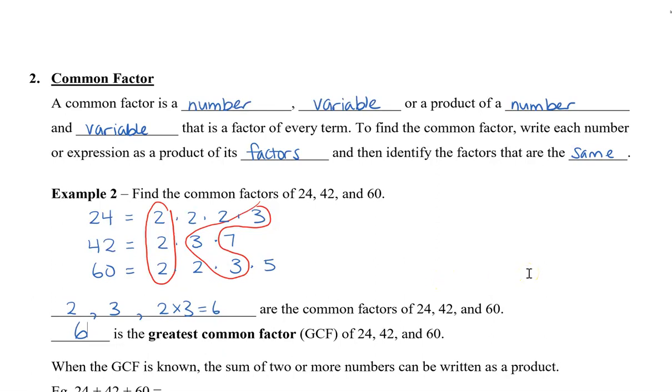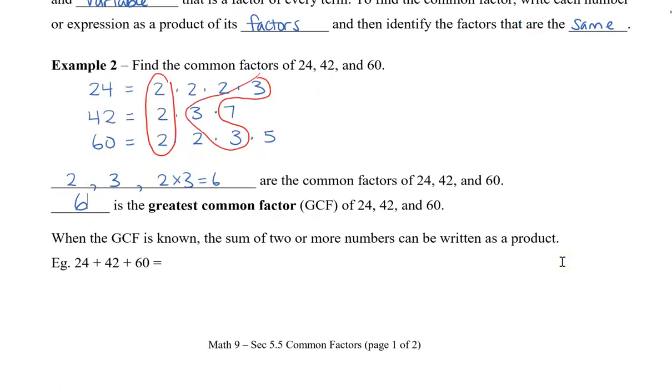Now, when the greatest common factor, or the GCF, is known, the sum of 2 or more numbers can be written as a product, which I'll show you here. So let's say we had those same three numbers, 24, 42, and 60, and we were adding them all together. So we can say that 24 is the same as 6 times 4. 42 is 6 times 7.